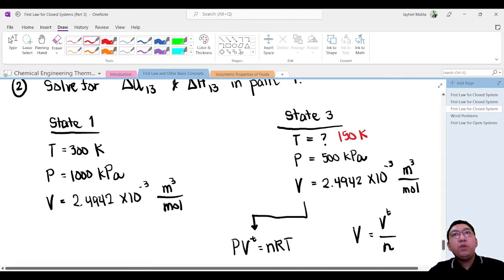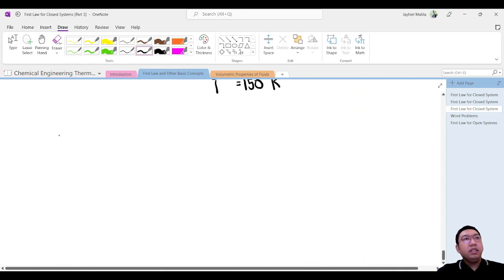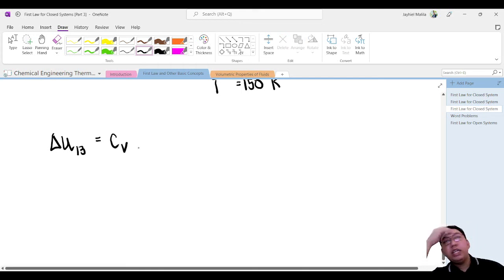So at this point, we can now solve for the value of delta U13. Remember that you can get the value of the change in molar internal energy if you have the value of CV and the change in temperature. CV stands for heat capacity at constant volume.